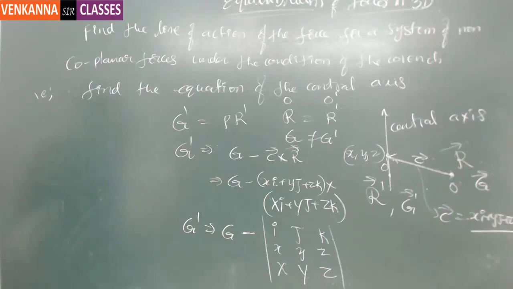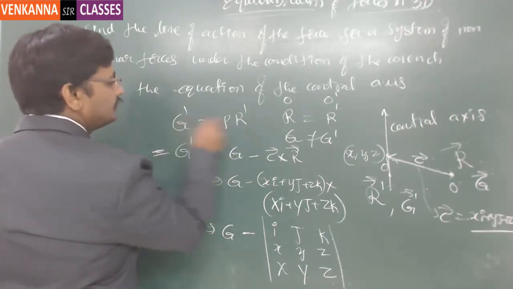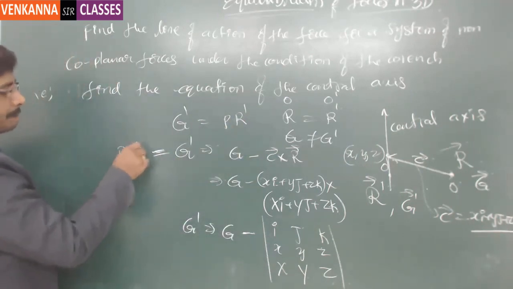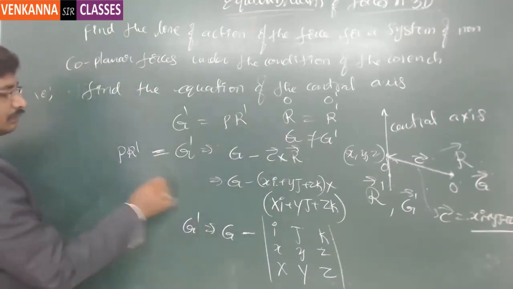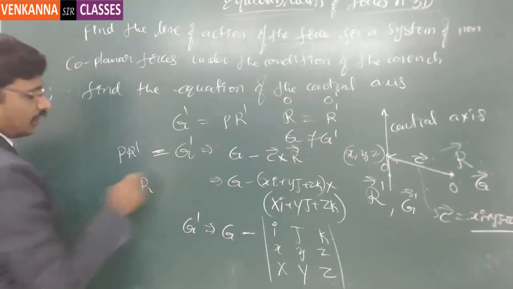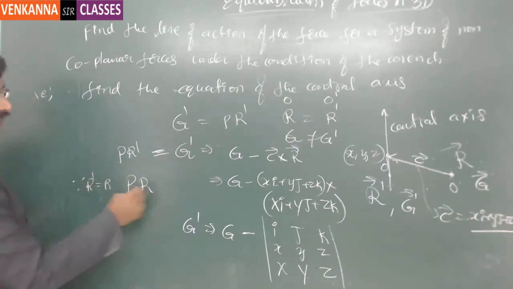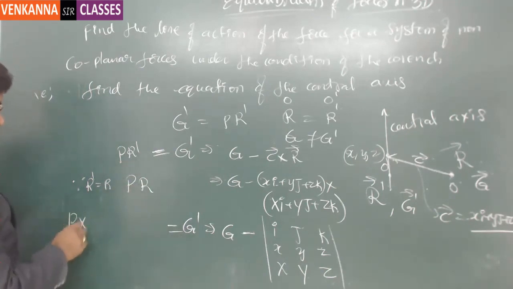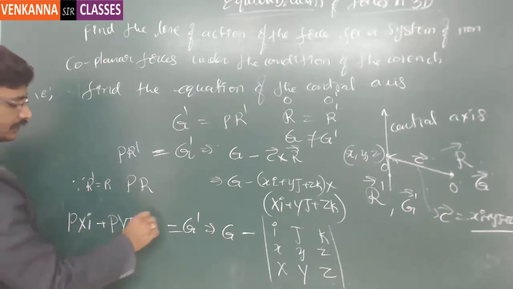Done? Okay. So now from here you can note down one more point. G dash is known to be equal to P times R dash, and R dash is equal to R. So this can be equated as P times R, since R dash equals R. Now this G dash can be expressed as P times xi plus P times yj plus P times zk.